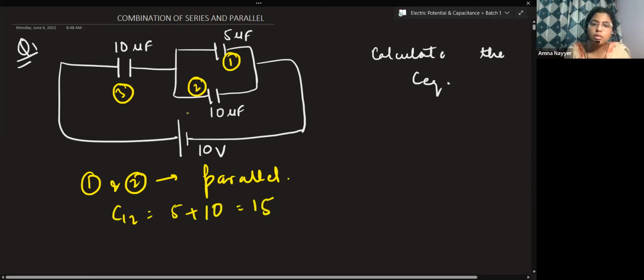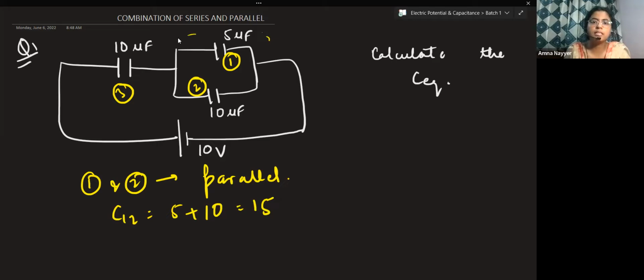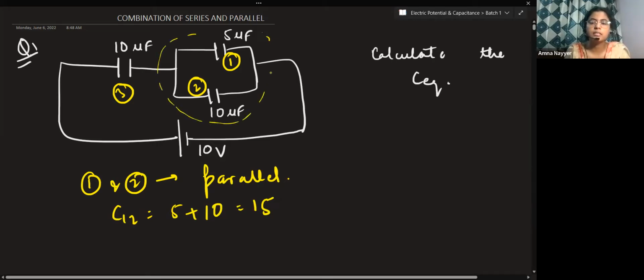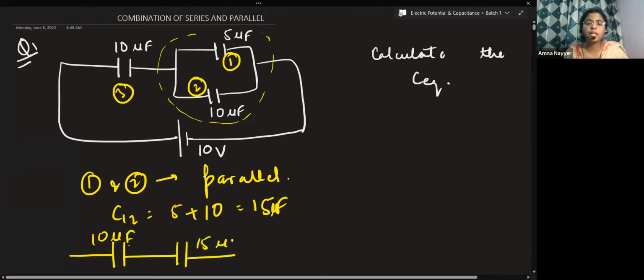Now this whole part has become 15 microfarad, not farad, 15 microfarad. Now this 10 microfarad is connected with 15 microfarad.